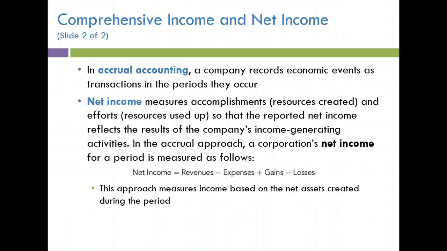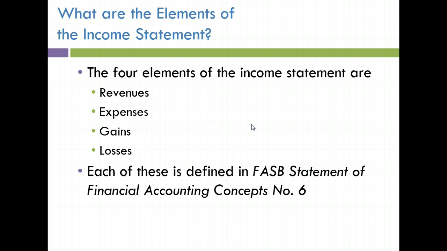In this class, it's revenues minus expenses plus gains minus losses. Okay? I want you to know that. Don't worry about this paragraph of net income measures accomplishments. Net income equals revenues minus expenses plus gains minus losses. So now we're going to talk about these 4 aspects of an income statement.